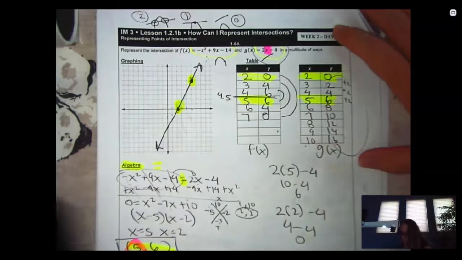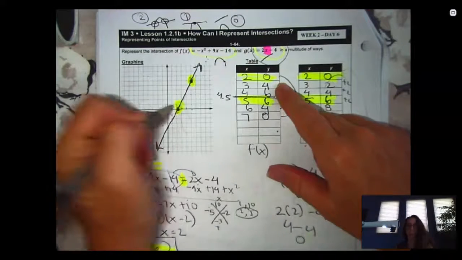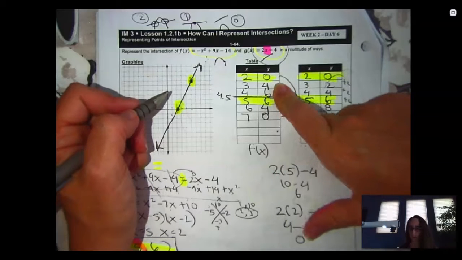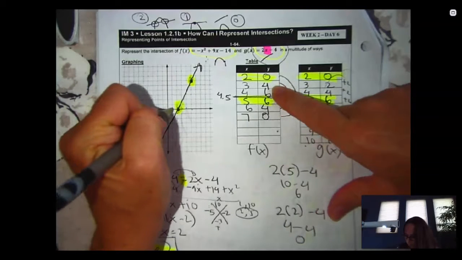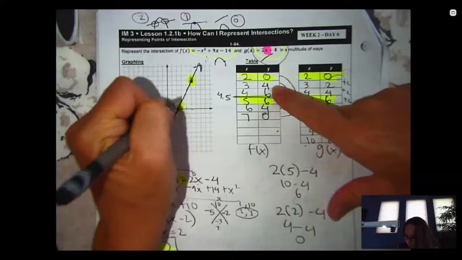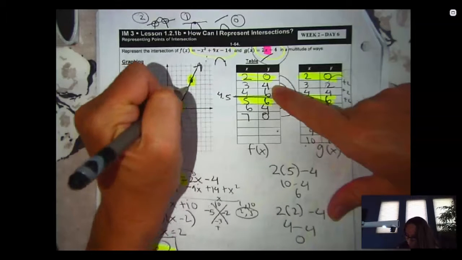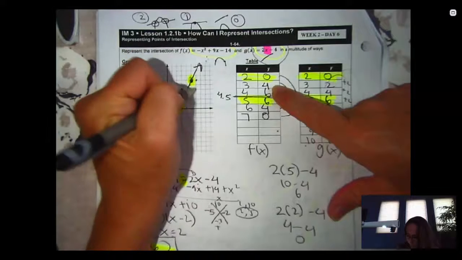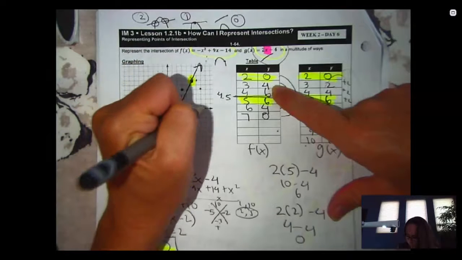Okay? So if you're kind of lost on that, you might need a review, but I think we go over it either later in chapter 1 or chapter 2. All right, so 1, 2, 3, 4, 5, 6, 7 and the y values 4, 6, 6, 4, 0.